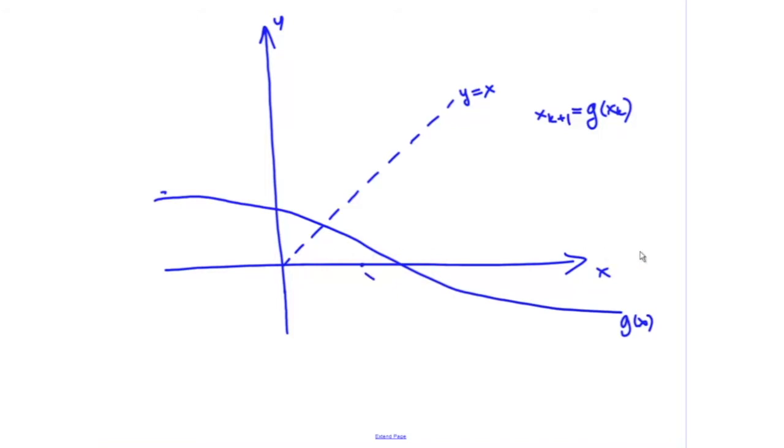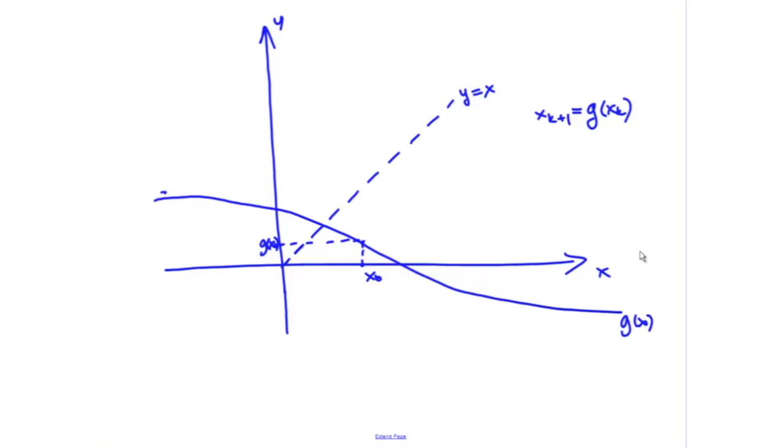Let's say I start with x0. Then my x1 will be just g of x0, which is given by this here. I need to project this g of x0 onto the x-axis.